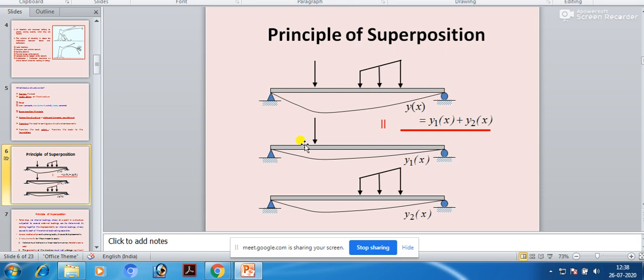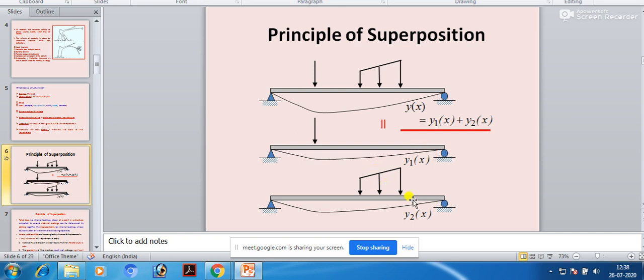For the point load and this load you have calculated EI d2y/dx2, deformation calculation, the double integration method you have studied. For this point load you can calculate the deformation, and for this uniformly varying load you can calculate deformation. So at every point you should be able to calculate deformation as a function y of x.